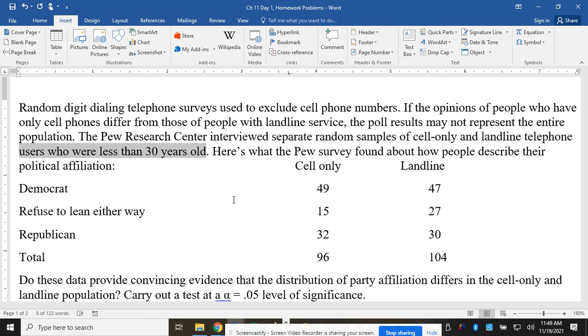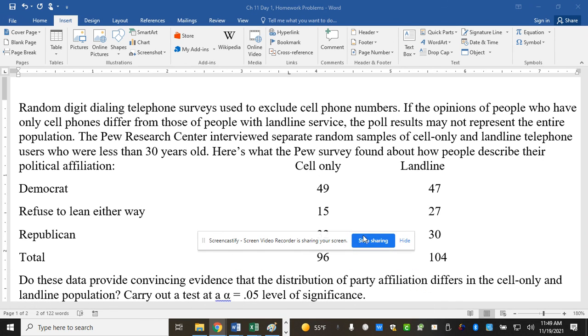What am I measuring from those different populations? So this one would be, there is no difference in the distribution of political affiliation for cell only versus landline users. Does that make sense? The entire 4-step process is the same regardless of if you're using independence or homogeneity.